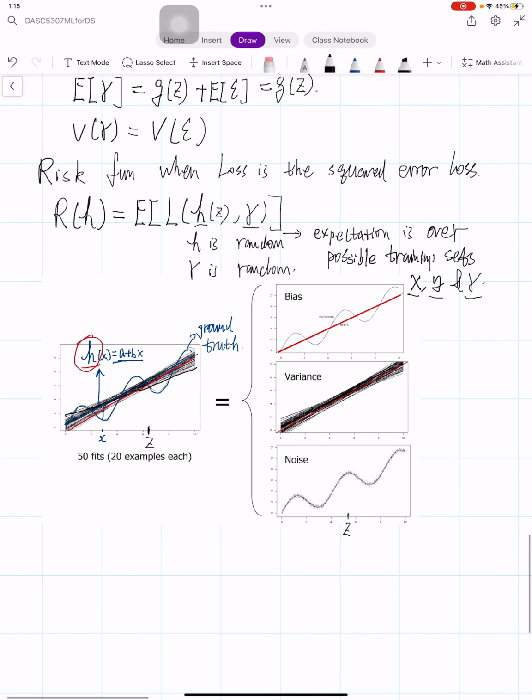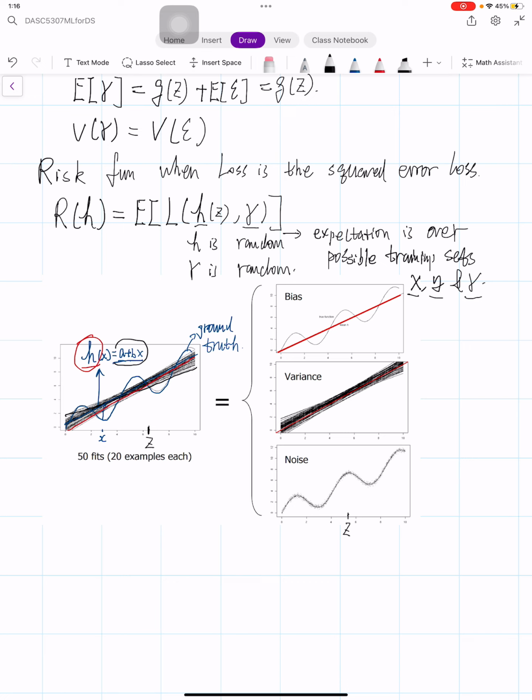Remember that our h is a random variable. We are taking the mean over the probability distribution of the hypothesis. Remember that the training data x and y also come from the joint probability distribution. We use the training data to choose the weight, so the weight defines the function h.